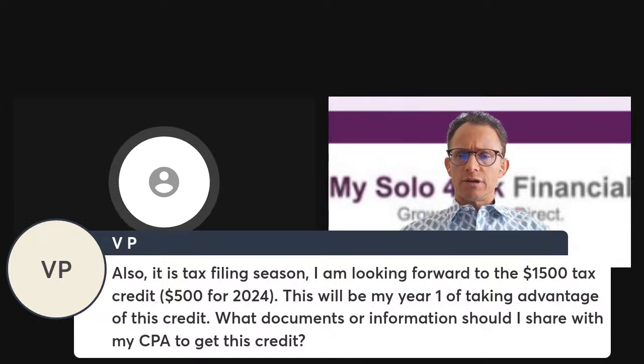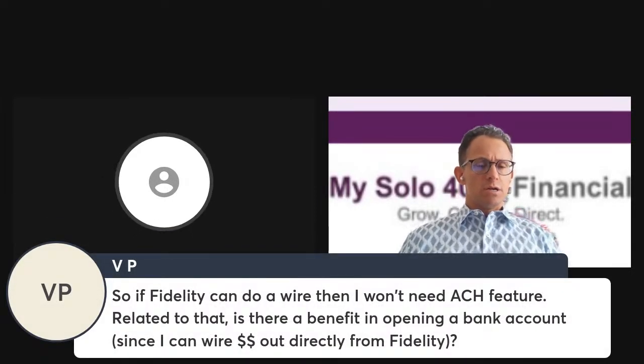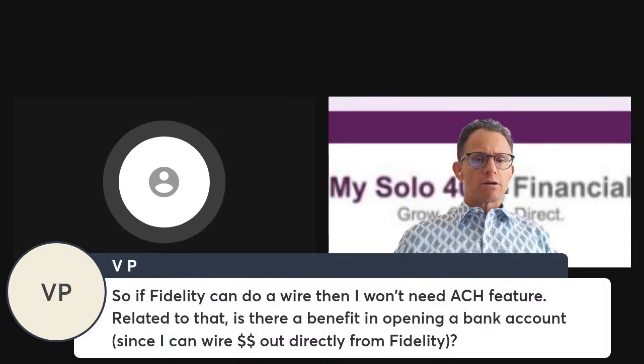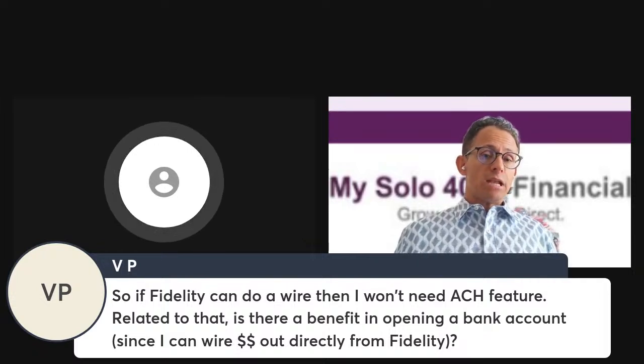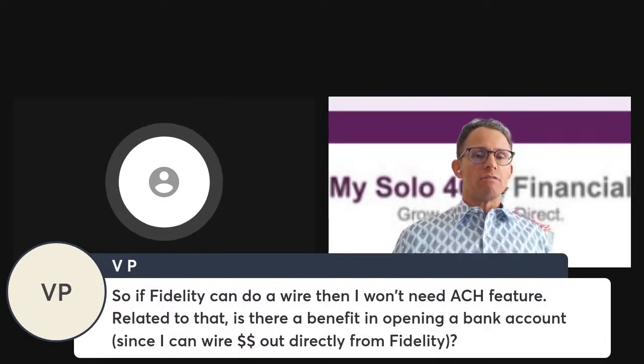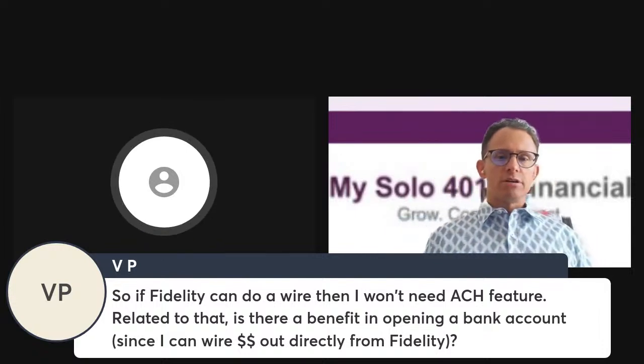Okay, let's see if we have any more questions here today. Follow-up question here. So if Fidelity can do a wire, then I won't need the ACH feature. Exactly. If you're trying to place an investment where you're wiring money out of the solo 401k plan for a private syndicate, then no, you don't.